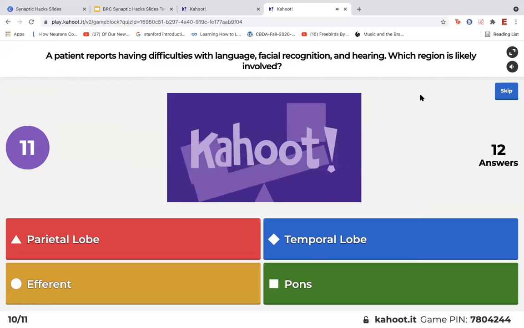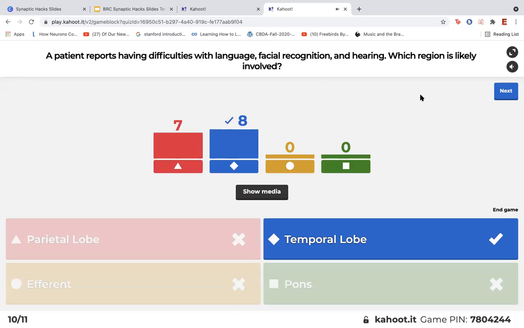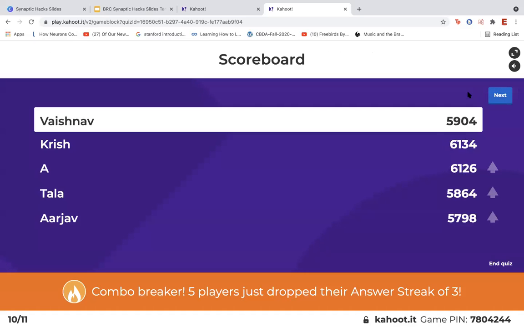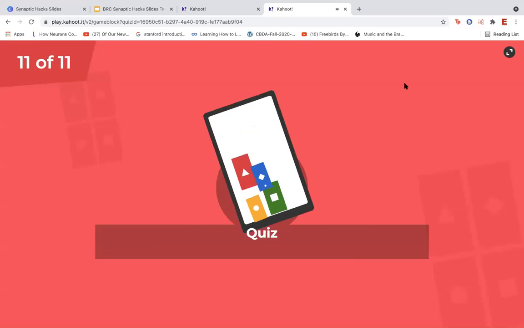You can do it. Yeah, so most of you got it right, but that one was a bit harder. So good job to you, 8. And for the 7, that completely makes sense. It does, so don't worry about it. Yeah, so that'll be the temporal lobe that deals with those things.